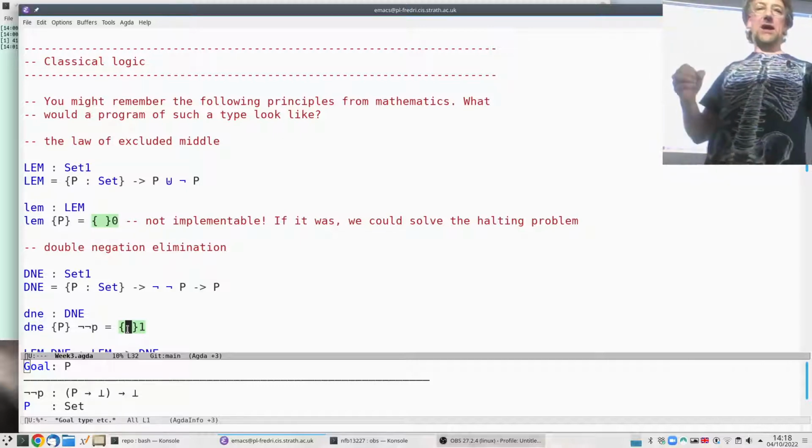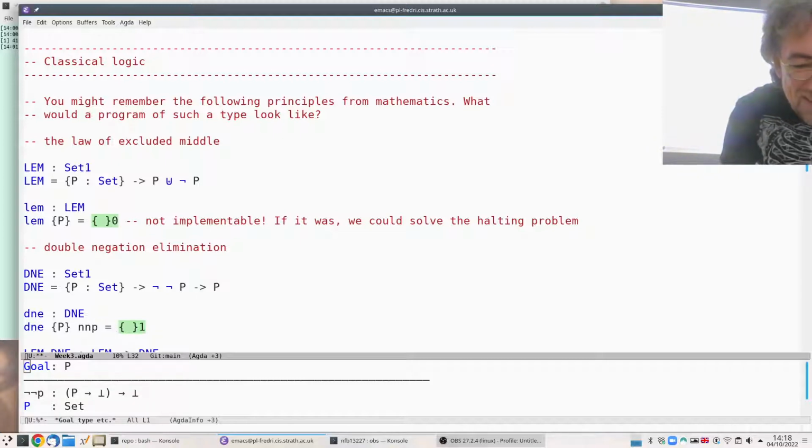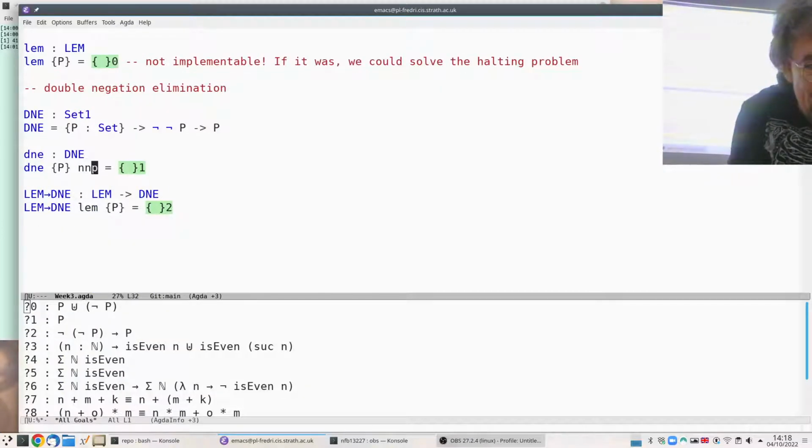But does that mean we can actually extract a proof of P? So you asked me to do this one because it's full of non-ASCII characters. I'm going to call this NNP because I can type that.